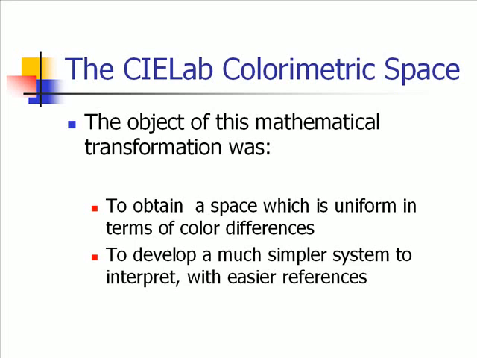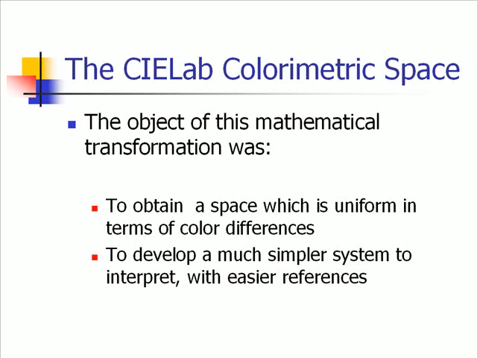What we'd like to say is if there were another two sets of samples in a different part of the color diagram, and the distance on the diagram in inches was the same as the other pair of samples, the visual distance would be the same. So if it was a little bit off in the first set, it should be a little bit off in the second set, and the same amount off.